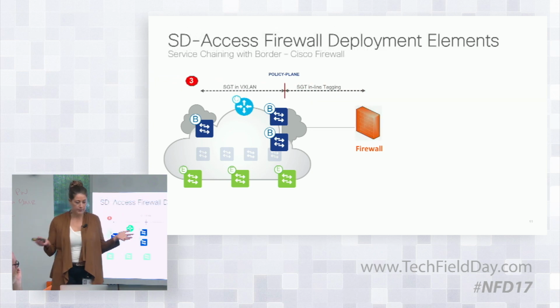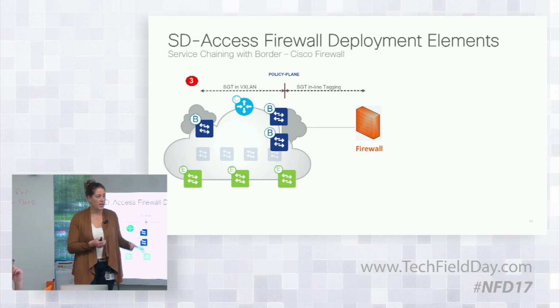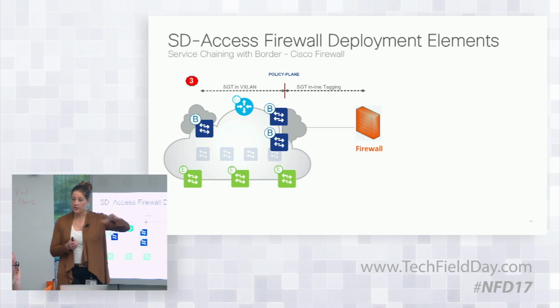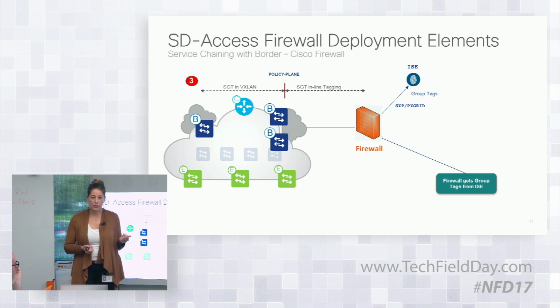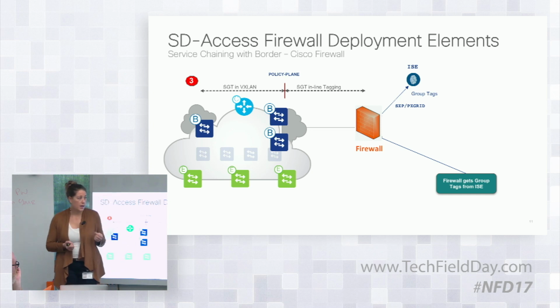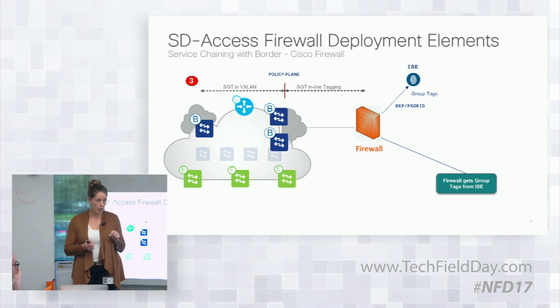Policy plane, you all know, we're utilizing SGTs within our VXLAN, within our encapsulation in the fabric domain. And then we're doing SGT inline tagging between our border and our firewall. Now we're also utilizing SXP, the Security Exchange Protocol. We're utilizing that from ISE.